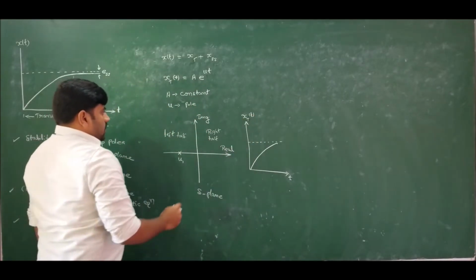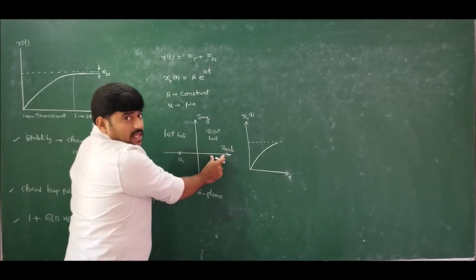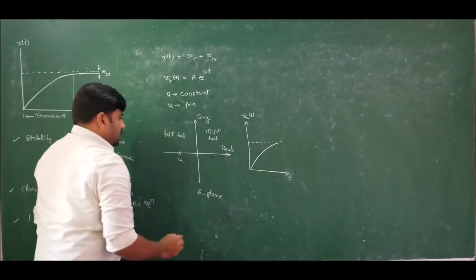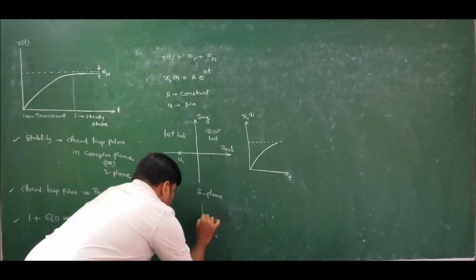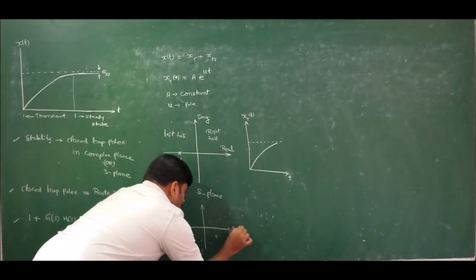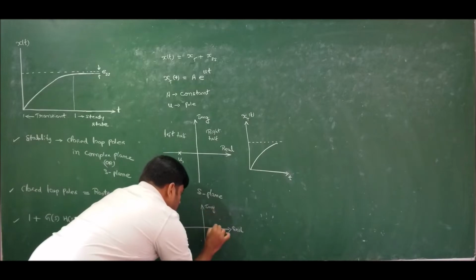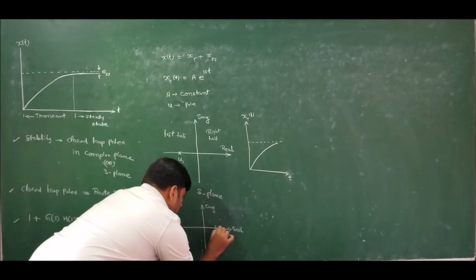Contrary to this, if the root lies on the positive real axis, that is, towards the positive side, what happens in that case? This is the real axis and this is the imaginary axis. Let the root lie on the positive real axis, let us say here.